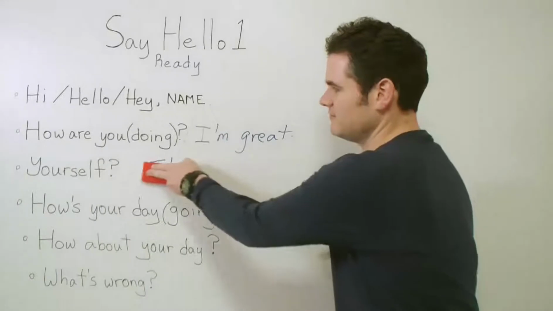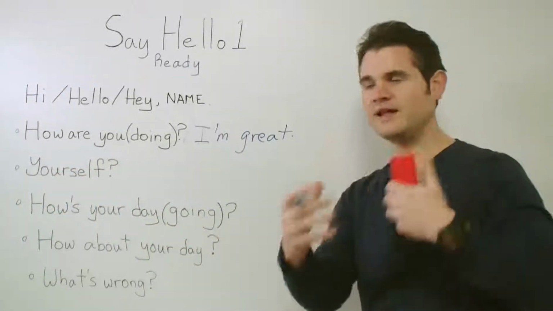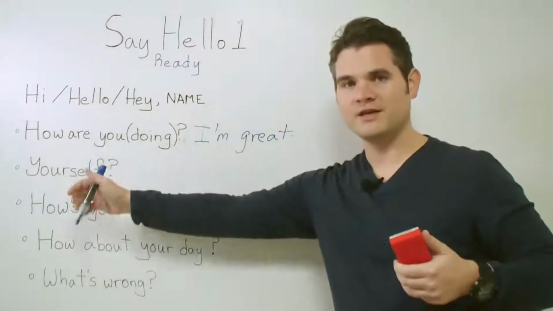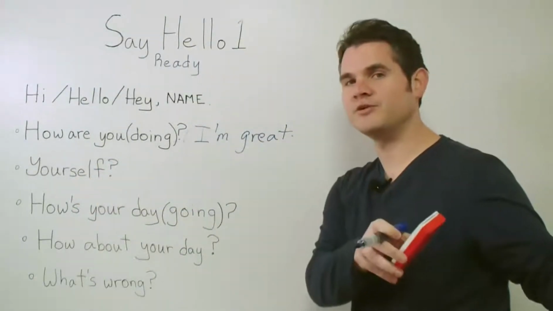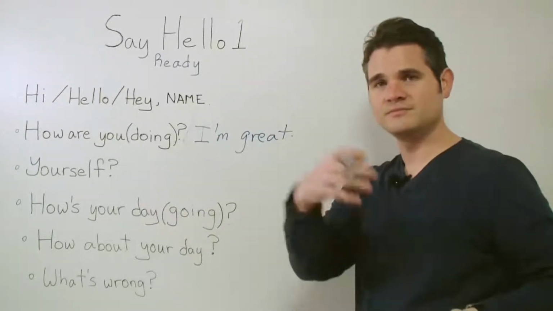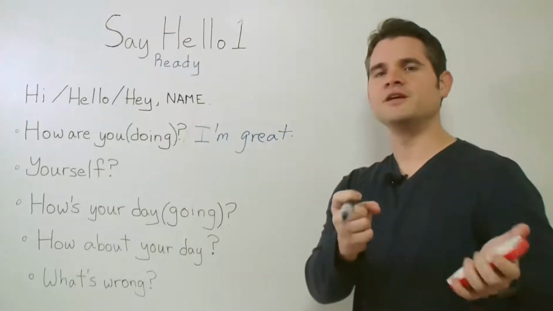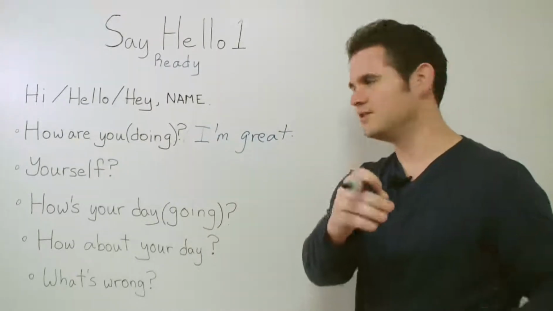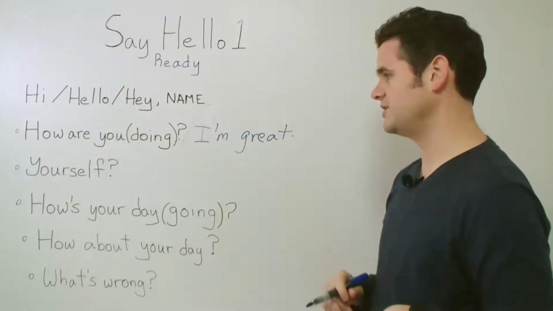And plus, it's always polite to end your answer with yourself. Because again, this lets the person know that you're interested in their condition as well. How are you? I'm great. Yourself. So it shows interest between the two people that are having a conversation with each other.